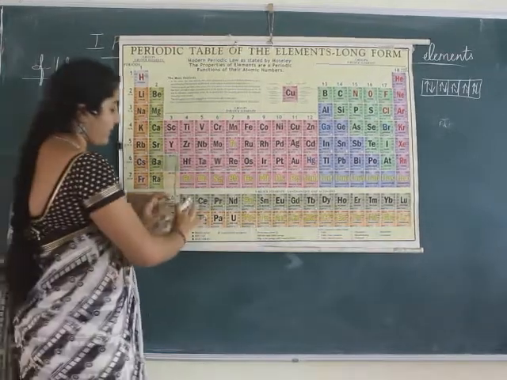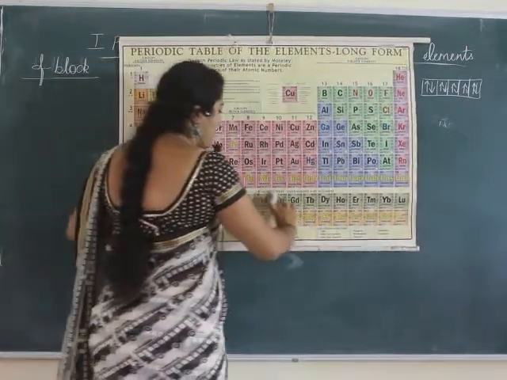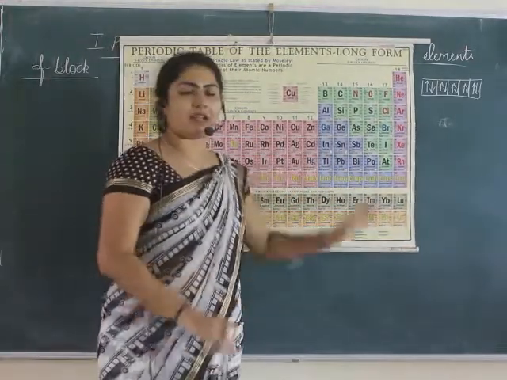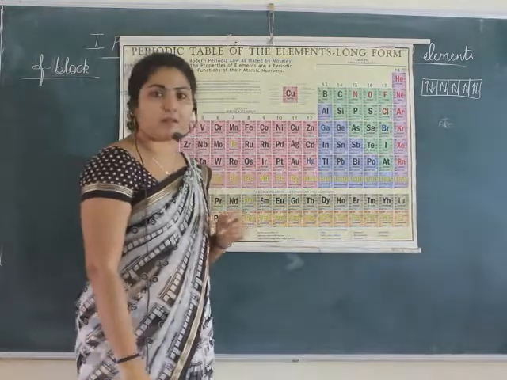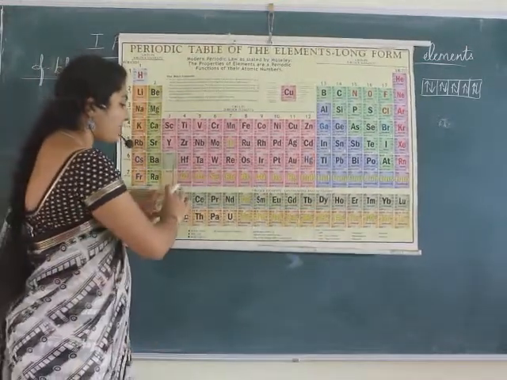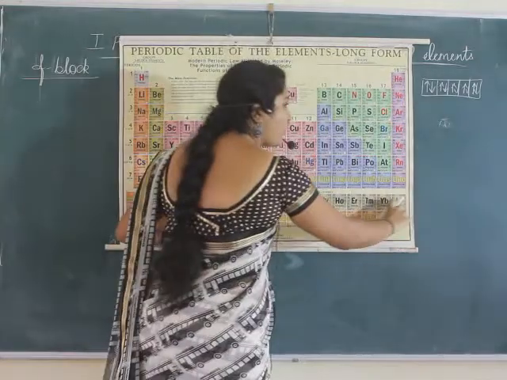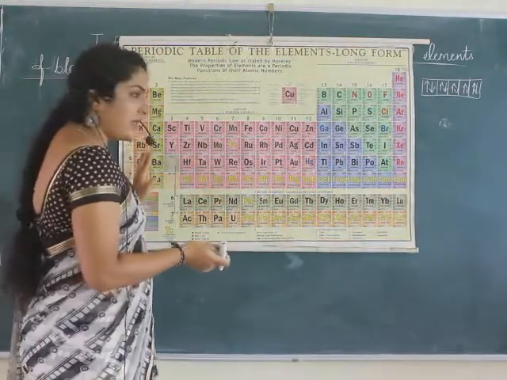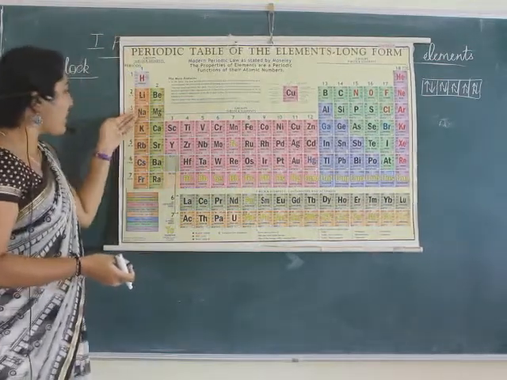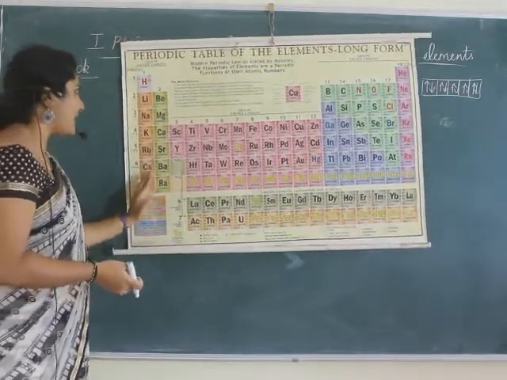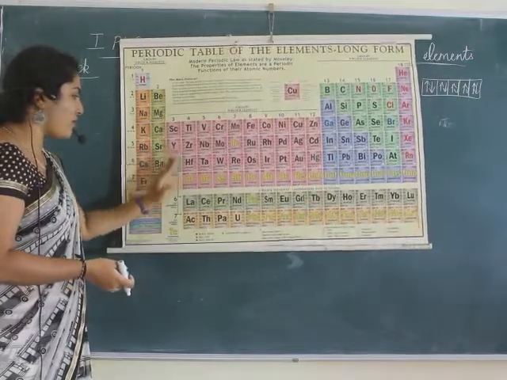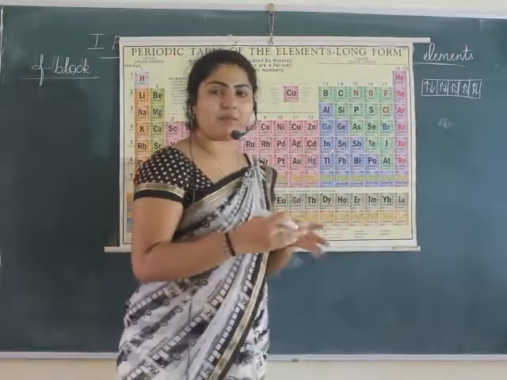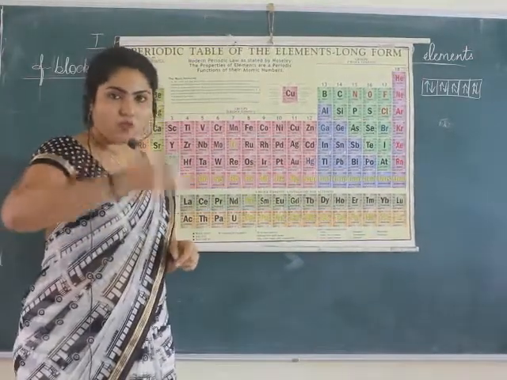F block elements are placed in a horizontal way rather than in vertical ways as in other blocks. The reason is that these show similarity in a horizontal manner rather than in a vertical manner. Usually lithium, sodium, potassium, rubidium show similar properties; again beryllium, magnesium, calcium, strontium, barium show similar properties downwards.